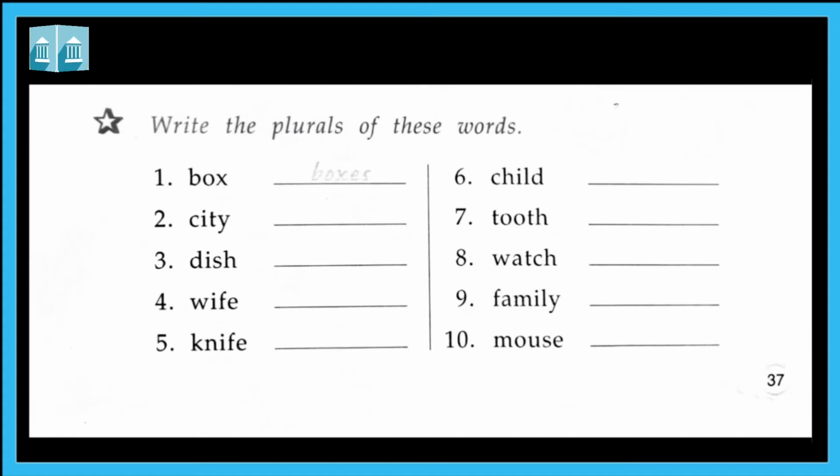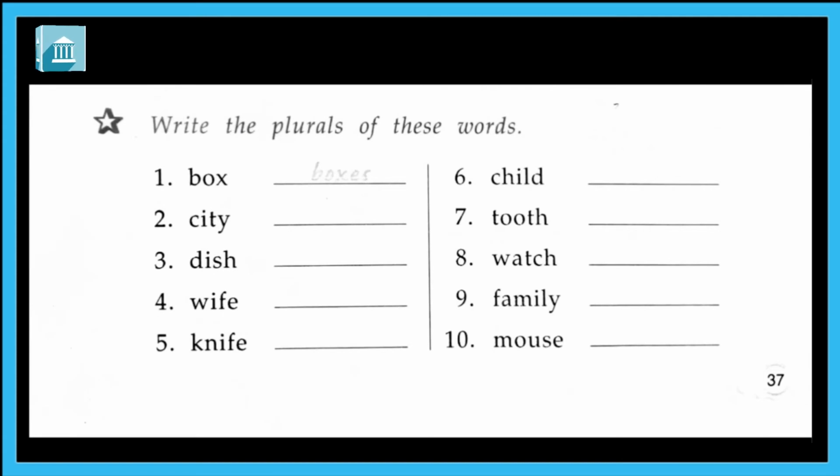If a word contains Y at the end, then we will write IES at the end to make a plural form. If a word contains F or EF, then we will write VES to make a plural form. And some words are irregular nouns. So for example, child, then its plural form is children. So now let us solve this exercise.